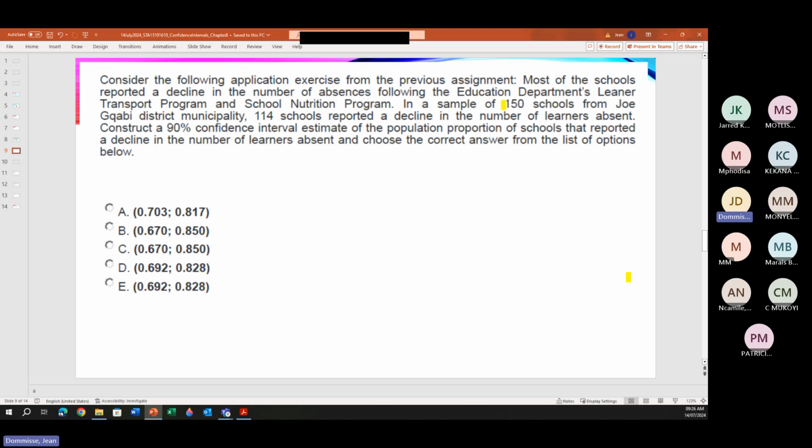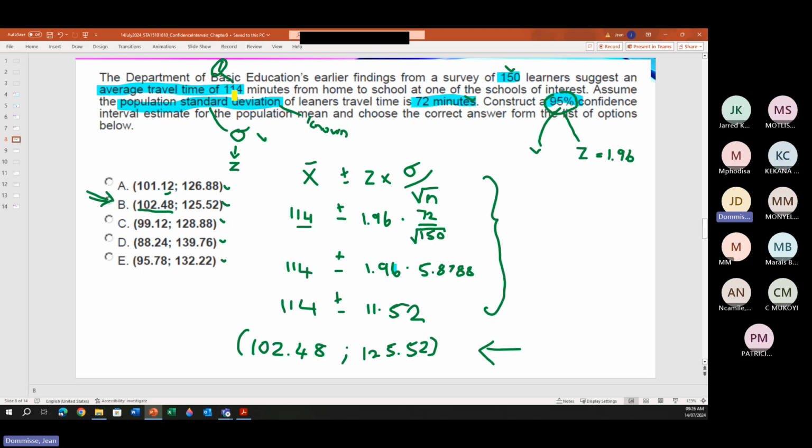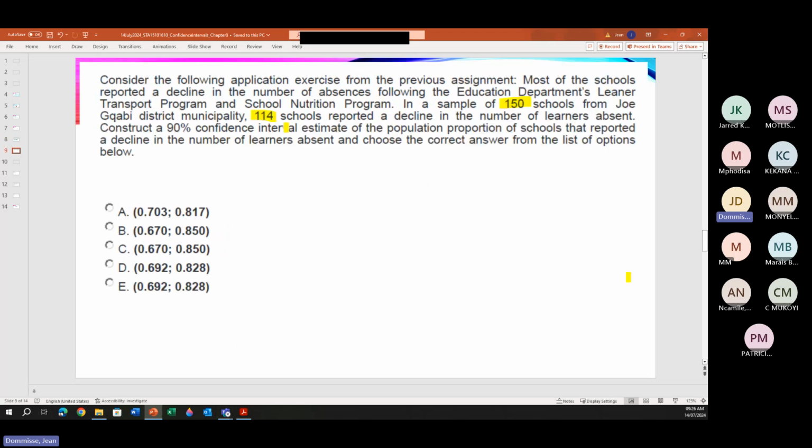In a sample of 150 schools, 114 schools, so again, it's exactly the same things, reported a decline in the number of learners absent. Construct a 90% confidence interval for the population proportion.